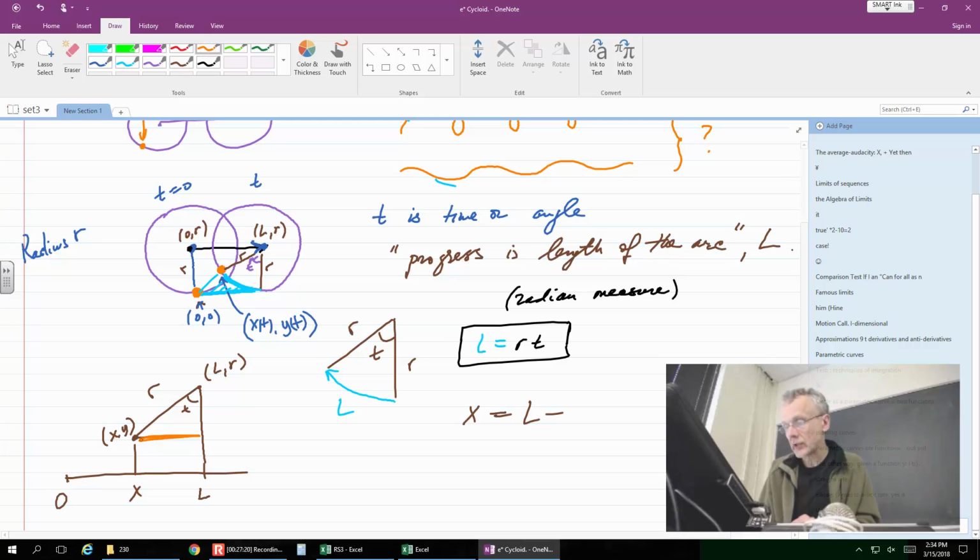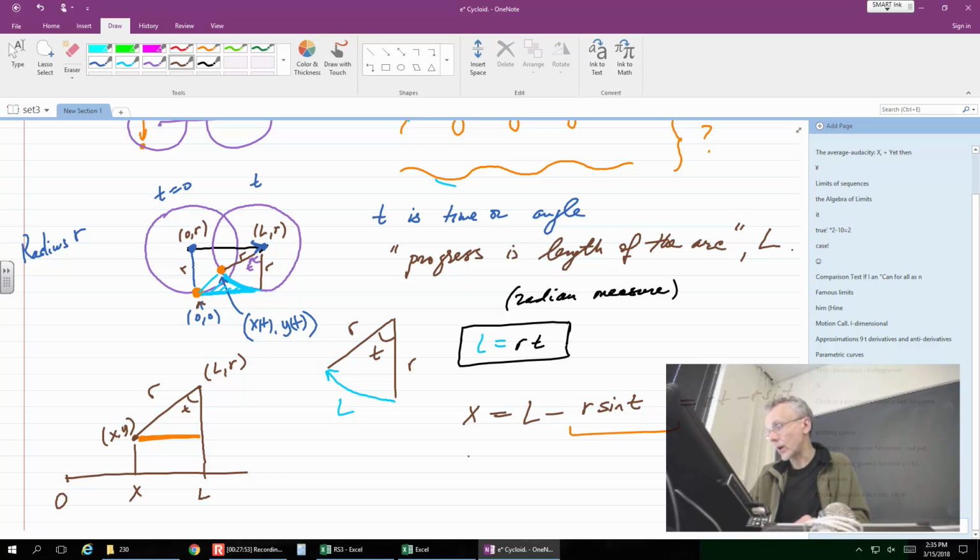Using trigonometry, we express this orange piece in terms of these two. R sine theta, yeah. R sine t, opposite angle, right? So that gives us R t minus R sine t. That's it. So we have x of t as a function now.